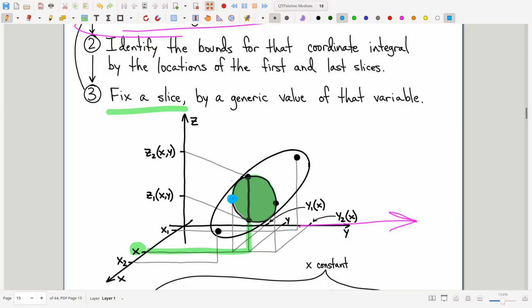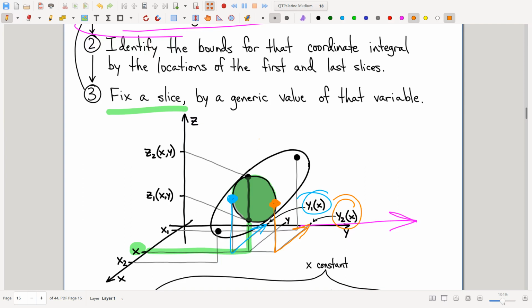But we have to figure out from the picture where that first slice is, and that will give me my starting value of y. Then we have to figure out where the last slice is, and that will give me my ending value of y.